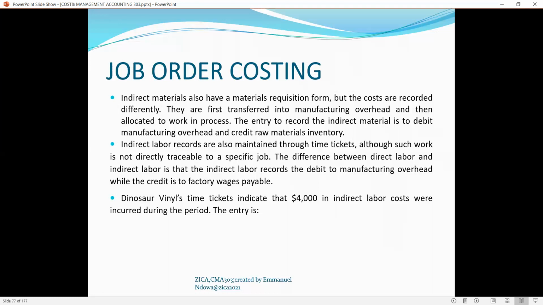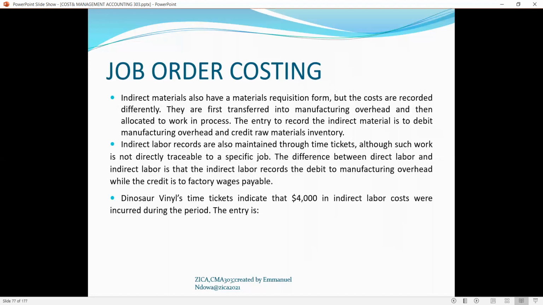That's the first leg which you are going to employ. From the warehouse, if you are dealing with indirect material, you credit the material account that is giving and debit the manufacturing overhead account. That's the first leg. On that, you need to be very vigilant when looking at indirect materials.